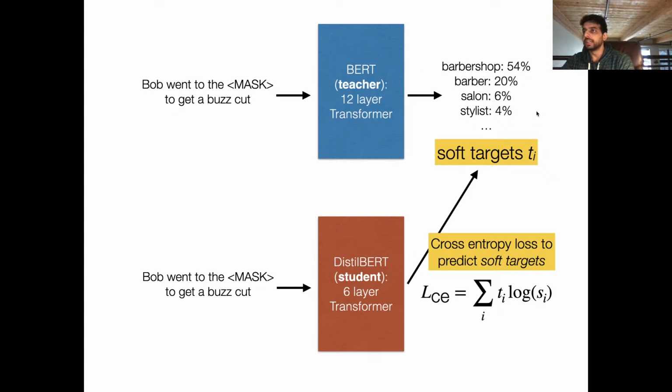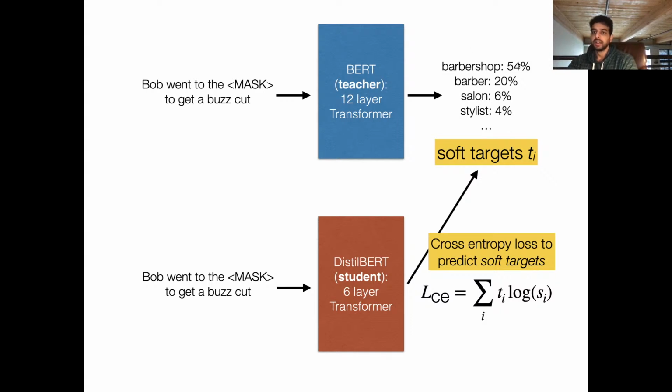hard target, right? So if you look at the top 4 words in this simple example here, you see that they're all related to barber, haircut type of things. And if I just have a hard target, I have 100% of my mass focused on barbershop. I miss out on all these synonymous words that are also reasonable things to put into this context.